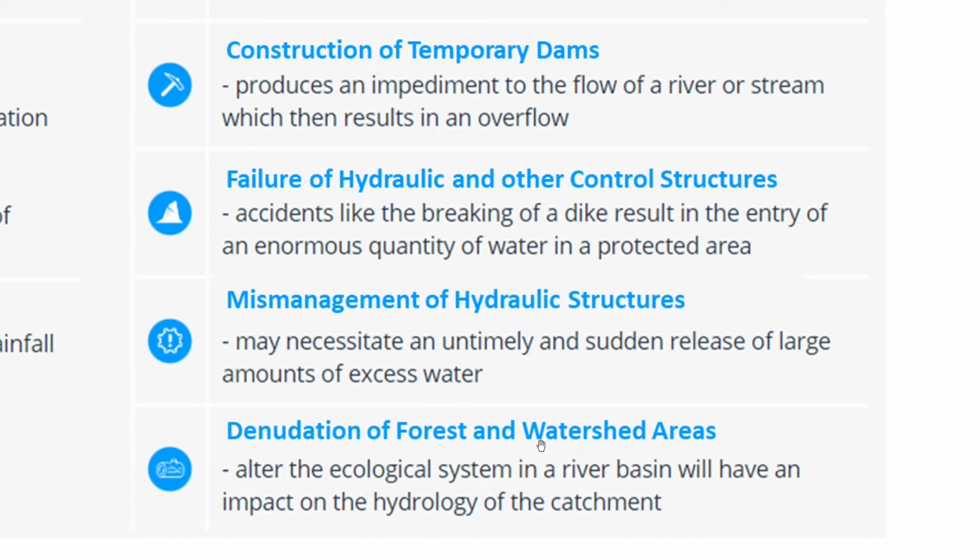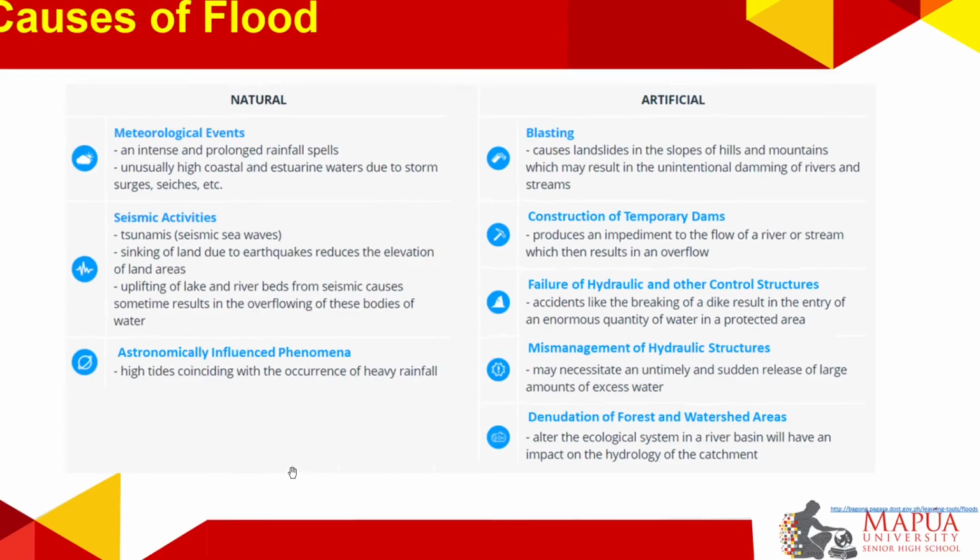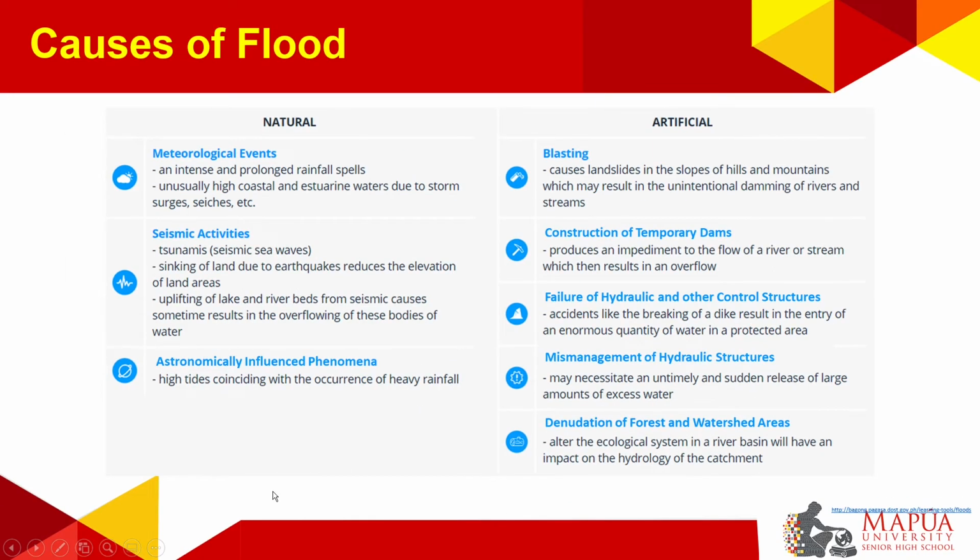But if this ecological system is affected or changed because of artificial means, well, that will have a big impact to these watershed areas. Okay? So these are the natural and the artificial causes of flooding.